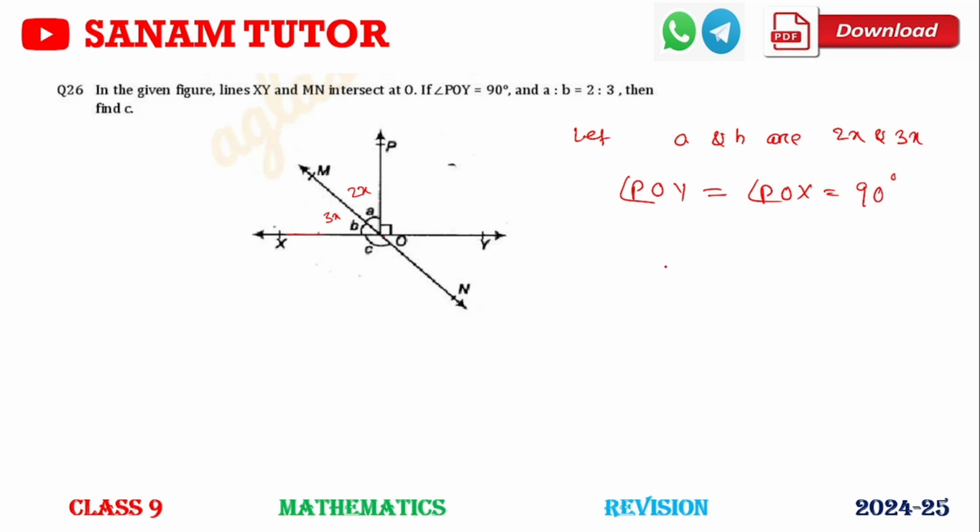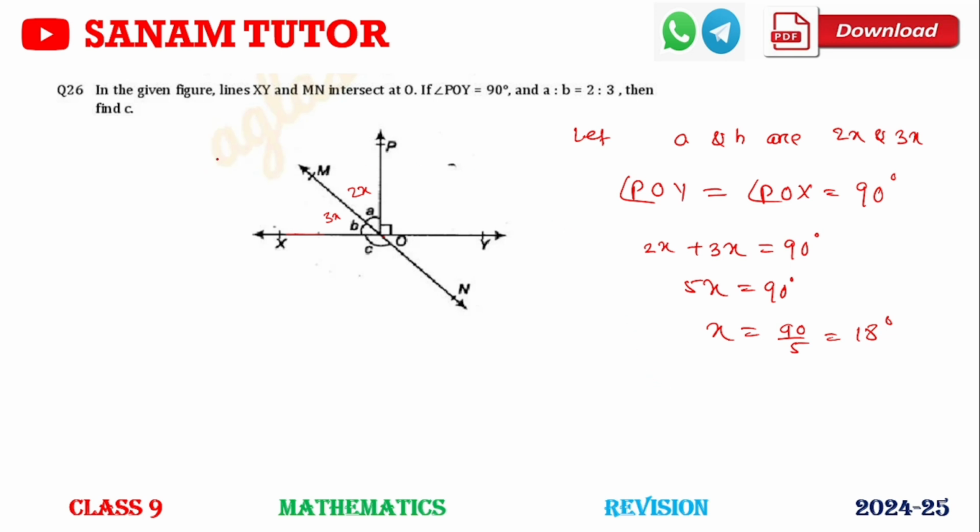Yes or no? So we can write 2x plus 3x equal to 90 degrees. Now 5x equal to 90 degrees. So x equal to 90 by 5, that is 18 degrees.